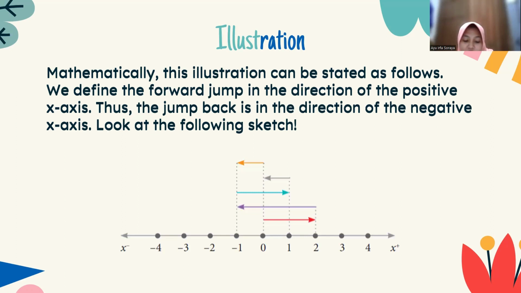The first arrow above the number line indicates the child's first move, 2 steps forward. The second arrow shows the child 3 steps back from the end position of the first step, and so on until finally the child stops at the 5th step.